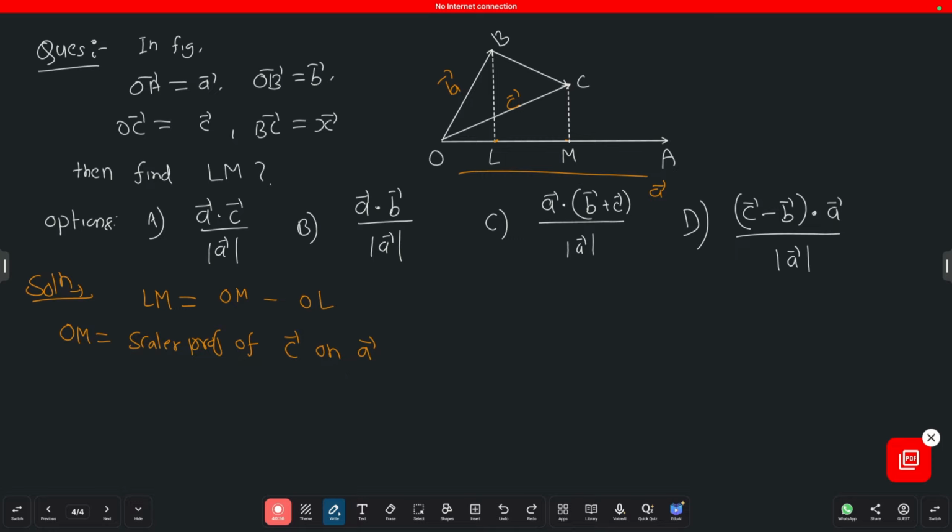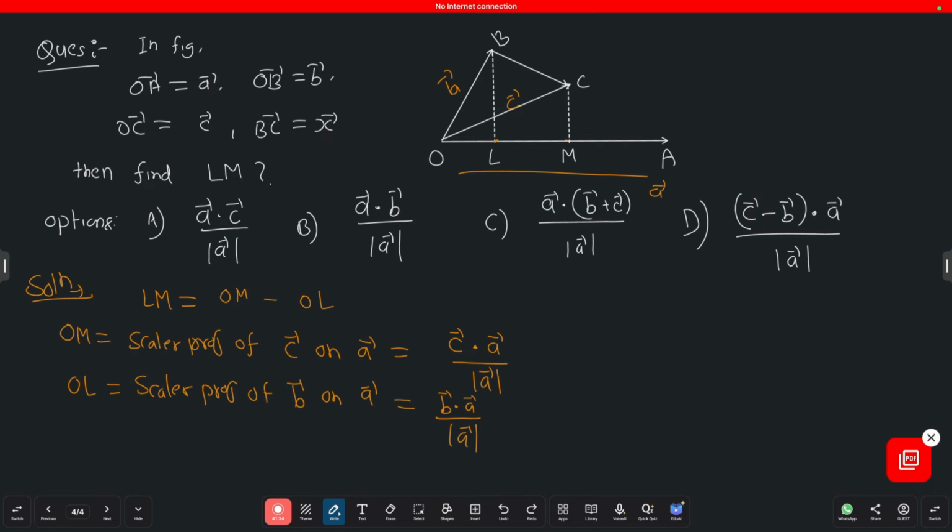Then what is the formula? C vector projection on A vector is C dot A upon mod A. Then what is OL, students? OL is the scalar projection of B vector on A vector, which is B dot A upon mod A.